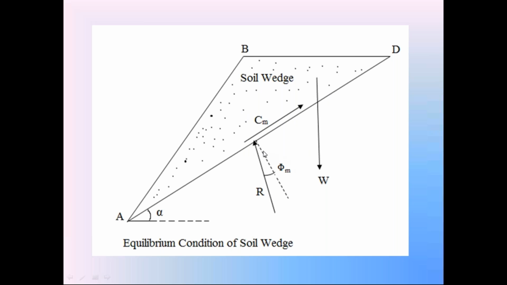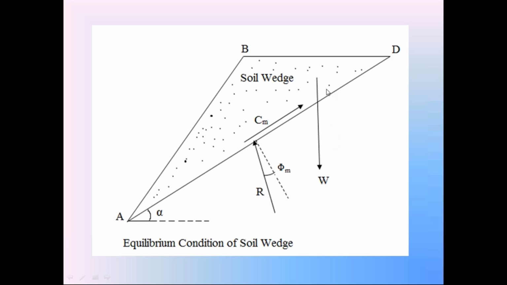You know that with this particular line, the reaction force is making the angle phi m. This value is known. Since this value is known, we know the direction of the reaction force, but the magnitude is unknown. So here this soil wedge is subjected to three forces, W, Cm and R.